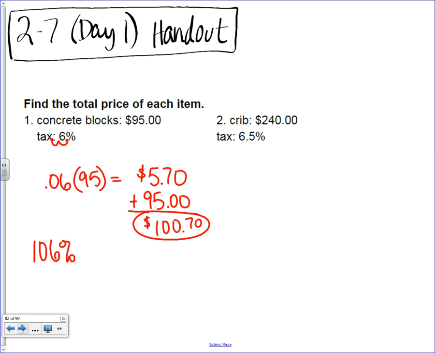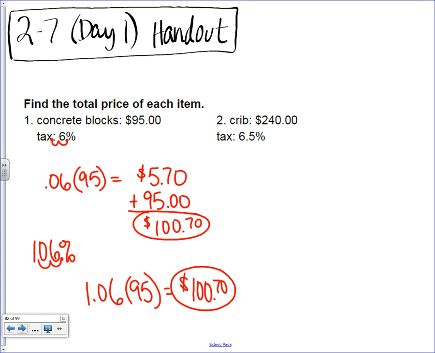So if I move that decimal place 2 spots, it's now 1.06 times the price of those blocks, and that will give you the same $100.70. It does not matter which way you prefer, whether you find the tax and then add it, or just find it all together.